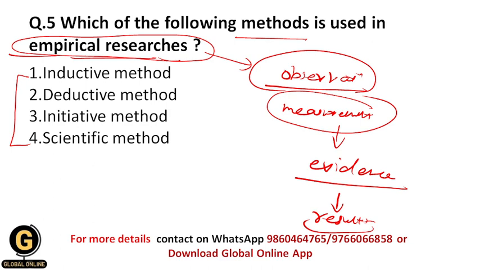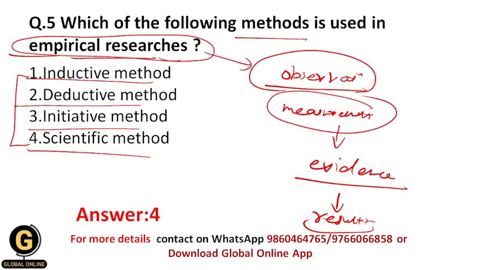Okay, so whether we use the inductive method over here, or the deductive method, or the initiative method, or the scientific method. Obviously students, the correct answer to this question is 4, that is the scientific method, because the scientific method is the method which we follow everywhere whenever we want to do research.